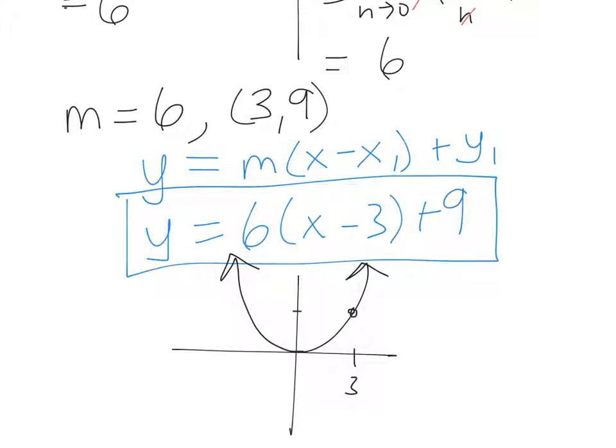Okay, so this is 9, right? What we found is if we drew the tangent line there, like if I drew it just barely grazing that point 3, okay, that 6 is the slope of that line. And this equation is the equation of that line. Okay, so this line would match with that equation.